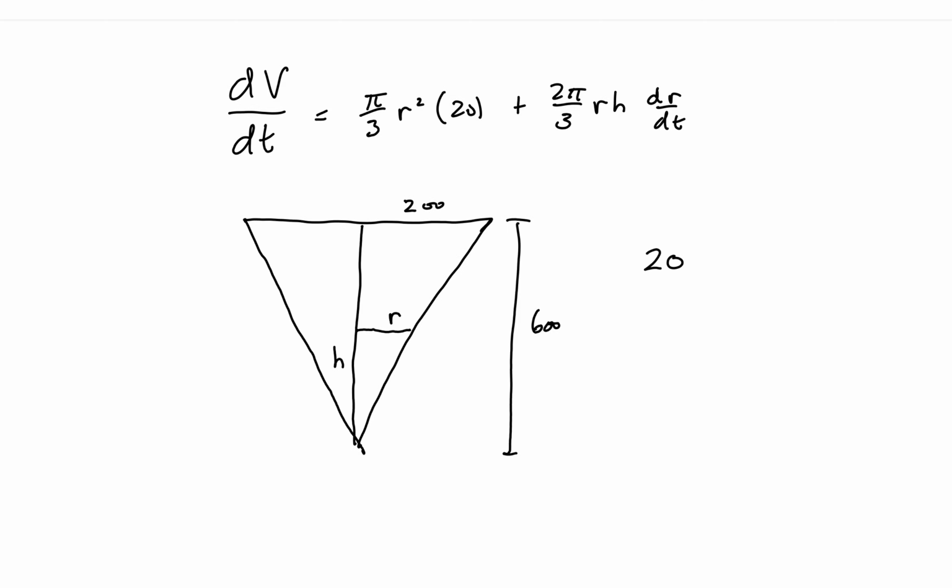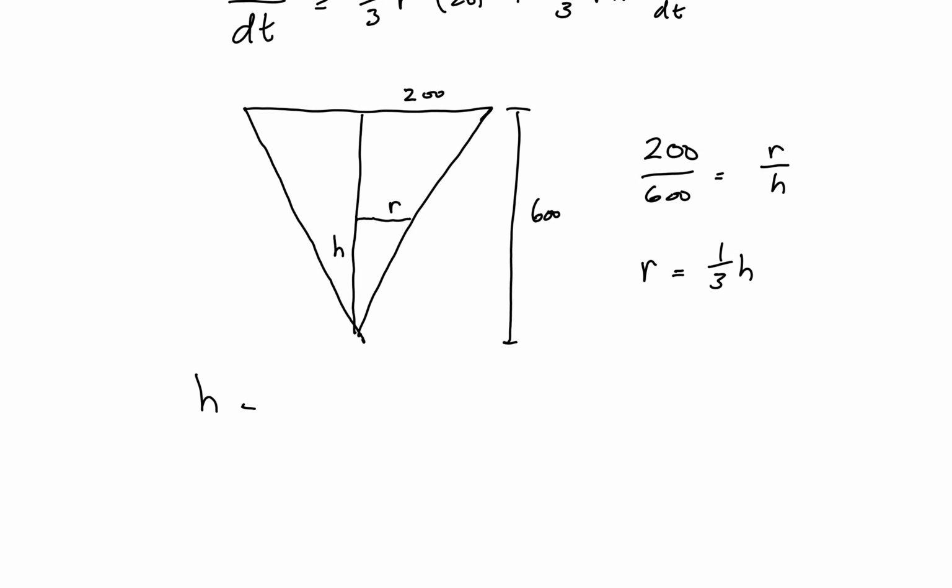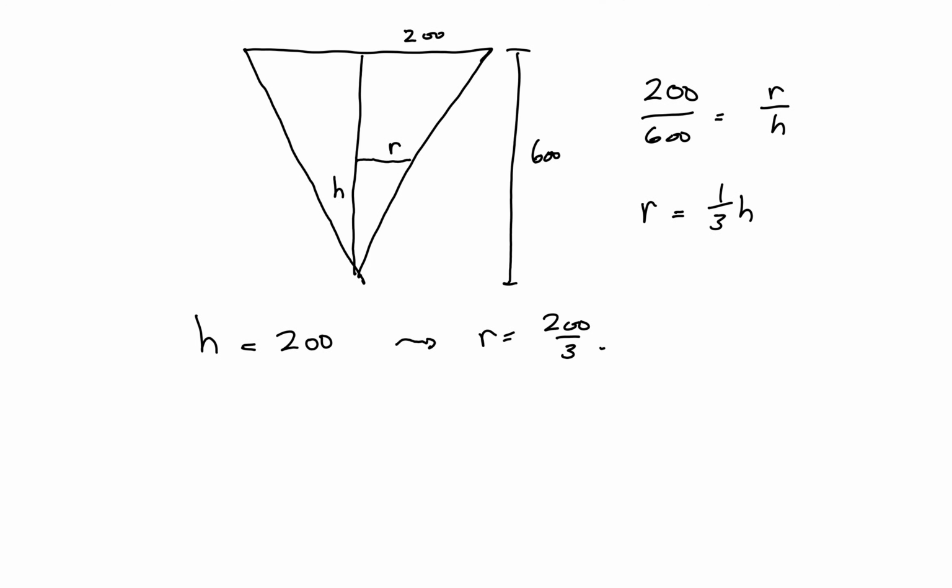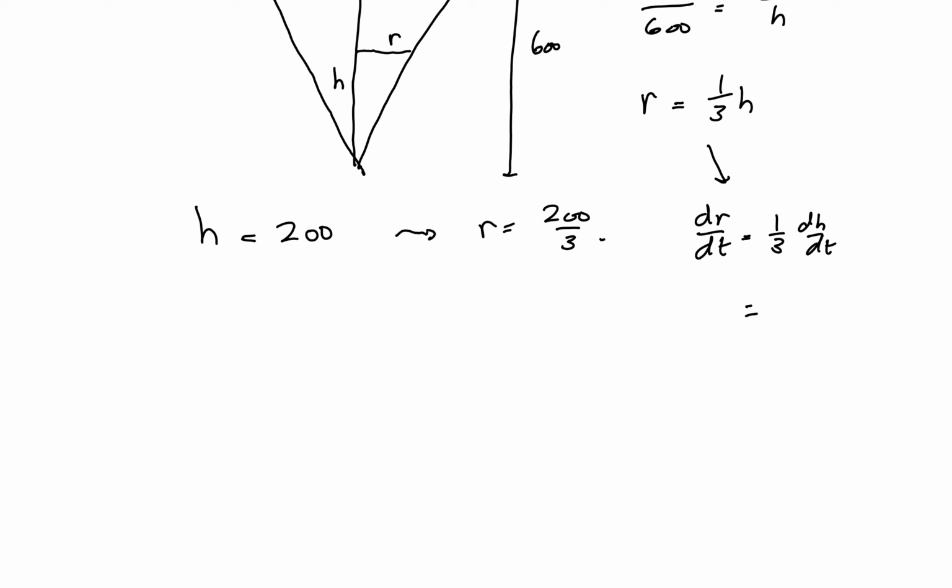So our similar triangle says 200 over 600 should be r over h, or r is equal to 1/3 h. When h is equal to 200, r should be 200 over 3. And we can also take the derivative of this to say dr/dt is 1/3 dh/dt, so this should be 20/3.